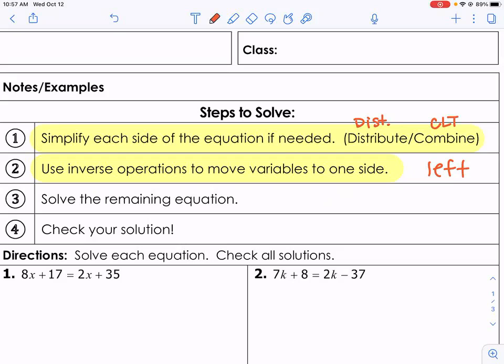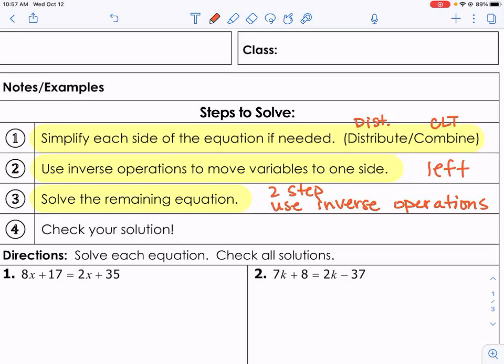Once you move the variables to the one side, you will then have a two-step equation where you can use your inverse operations to solve. So our steps are still the same from yesterday.